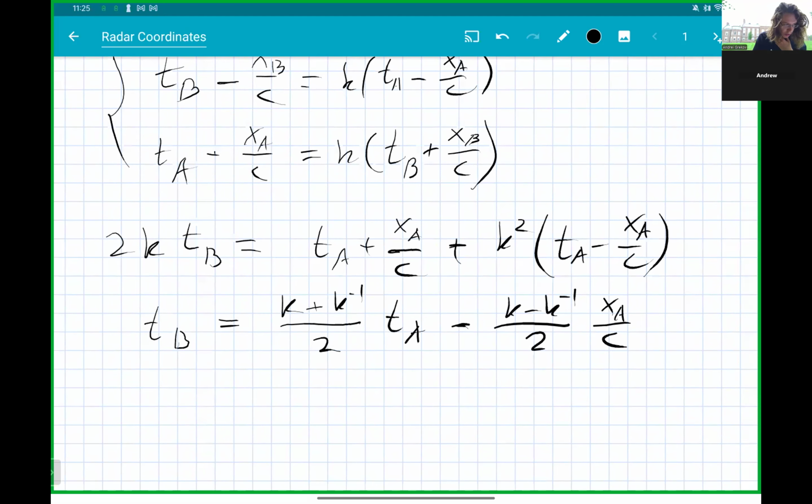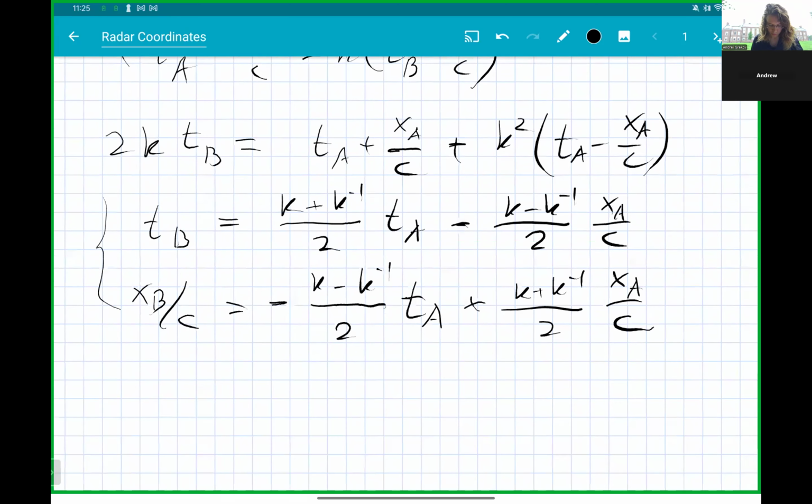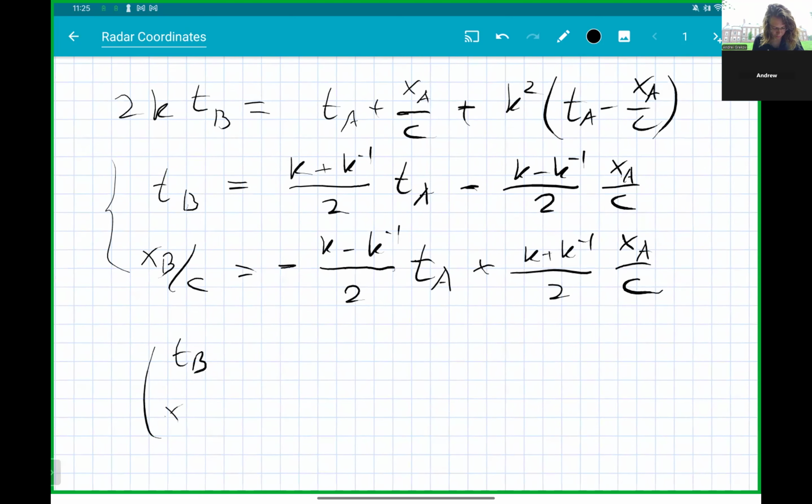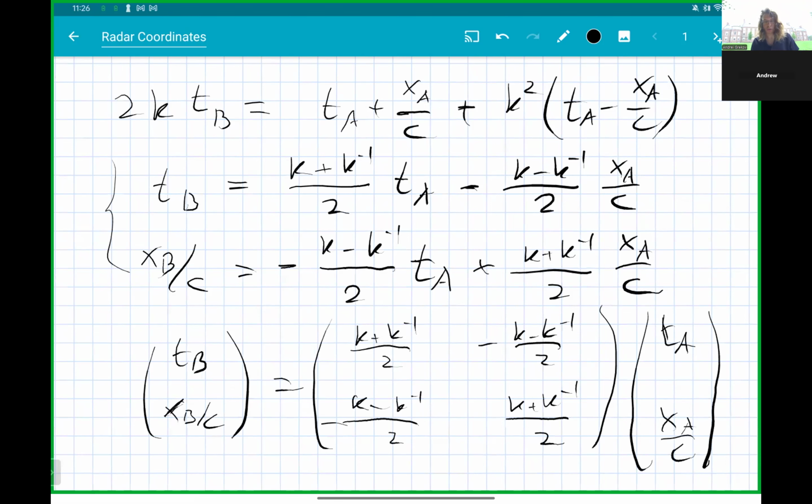Now, again, same for XB. XB over C, by the same calculation, you'll get K minus K inverse TA plus K inverse over 2 XA over C. So if you write it in a matrix form, I don't know whether you already recognize the Lorentz transformation or not.